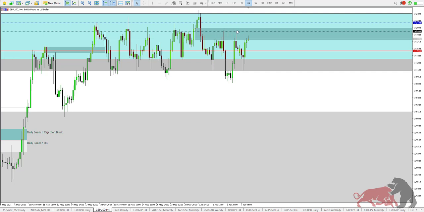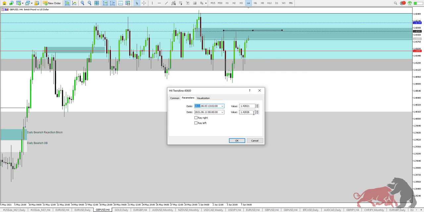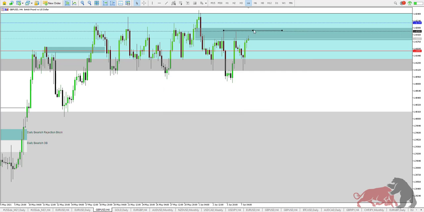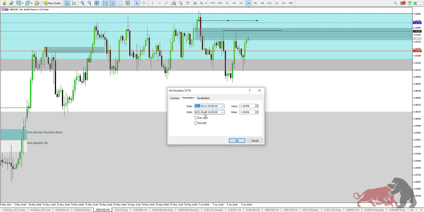You see these two highs here, they're too clean, right? They are way too clean. See these two. Let me just mark them out quickly. They are way too clean for my liking, such that it's an area of liquidity. And then we've got a fair value gap, right?